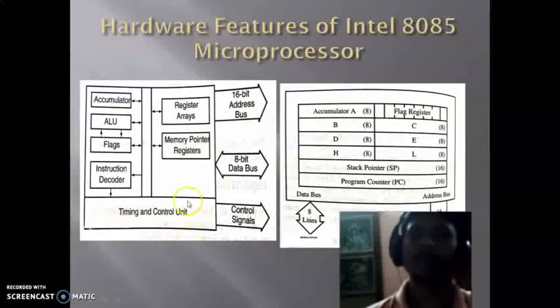Another important part of the architecture is the timing and control unit, by which different operations can be controlled by the 8085 microprocessor. As I discussed, it has 16 address lines and 8 data lines. The address lines are unidirectional and the data lines are bidirectional, and the control signals are generated from the timing and control unit. Now I'm going to explain every part elaborately.